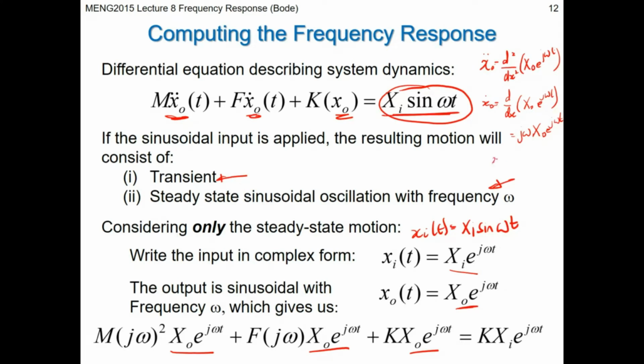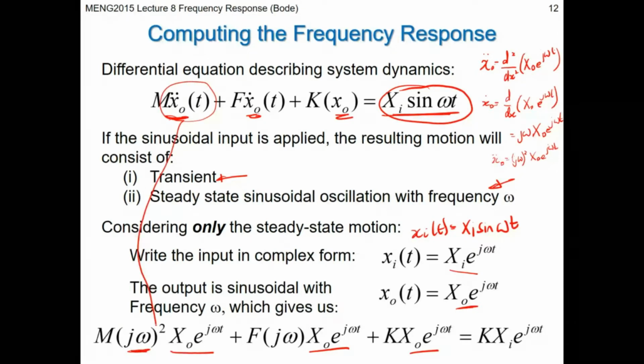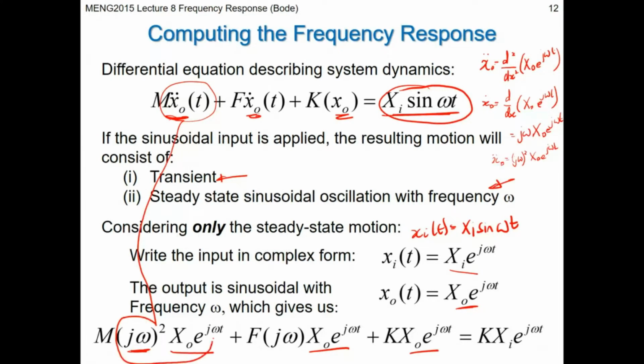So then if we do a second derivative, we're going to have j omega squared x out e j omega t. So that's what we have for our x out double dot here: your j omega squared x out e j omega t.